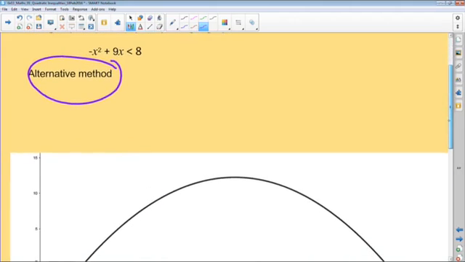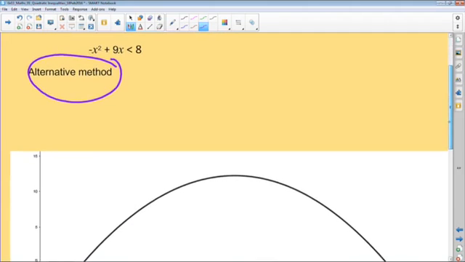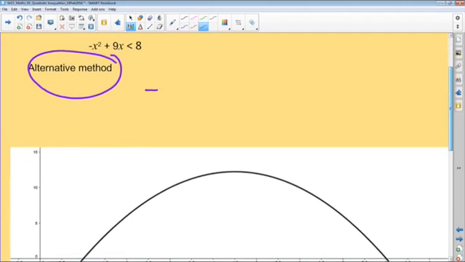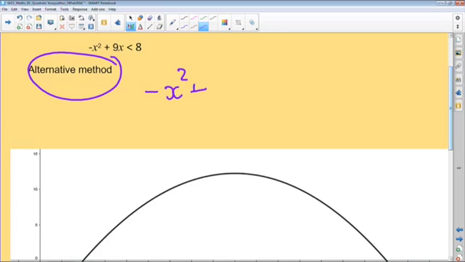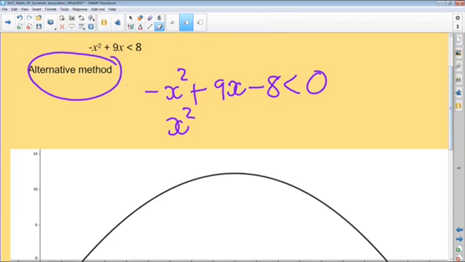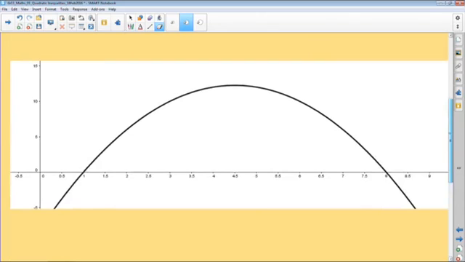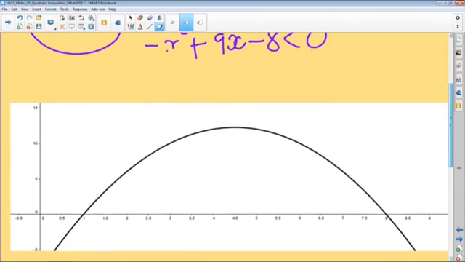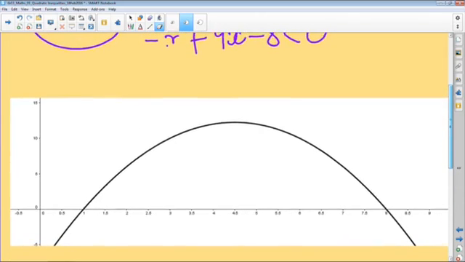So you've got minus x squared plus 9x less than 8. So that is minus x squared plus 9x minus 8 less than 0. But this is now x squared, right? Okay. This is your graph, all right? This is minus x squared plus 9x minus 8.